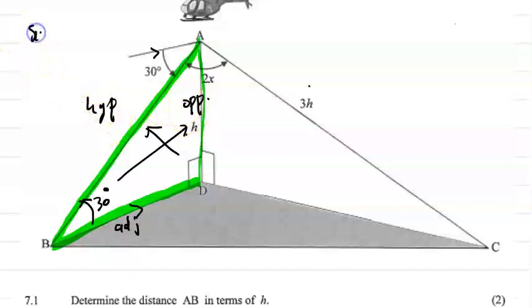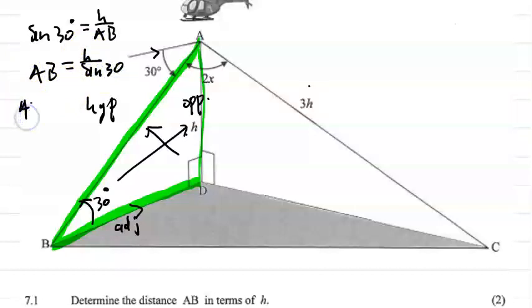So sine of my reference angle, which is 30 degrees, is equal to the opposite side, which is h, all over AB. Therefore, AB is equal to h over sine 30. So h over sine 30 will be h over half, and h over half will be 2h. So therefore AB equals 2h.